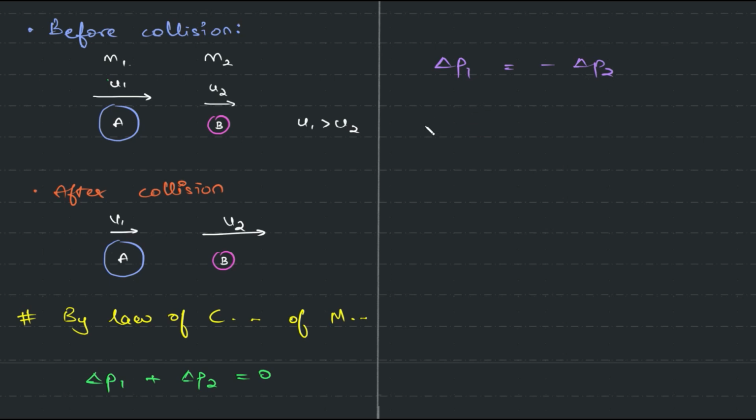And we divide delta T both sides, where delta T is duration of collision.